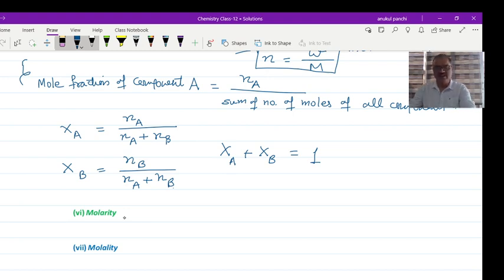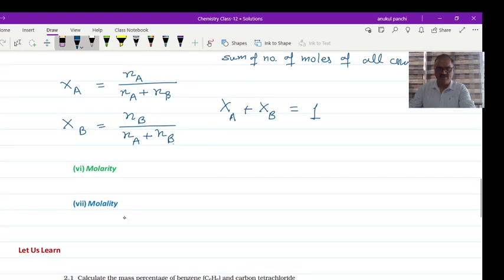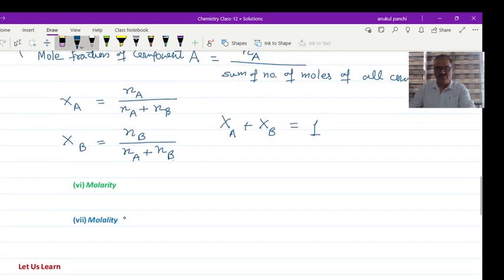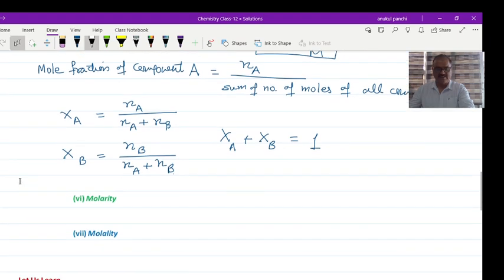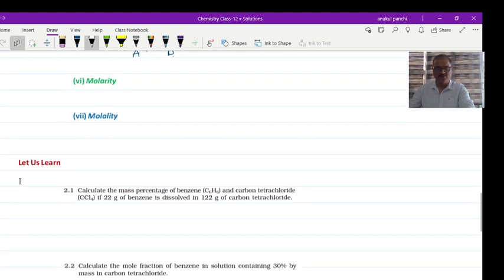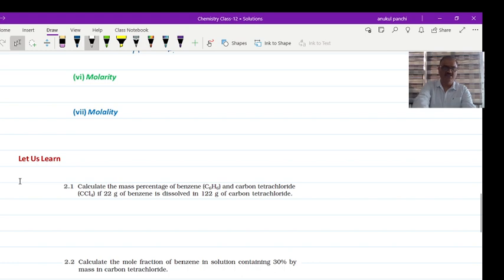So all fractions make 1. Okay. So this term is mole fraction. I think you have learned it, you have got it. Okay. Now let us move to the next method of expressing concentration of solution, which is molarity.